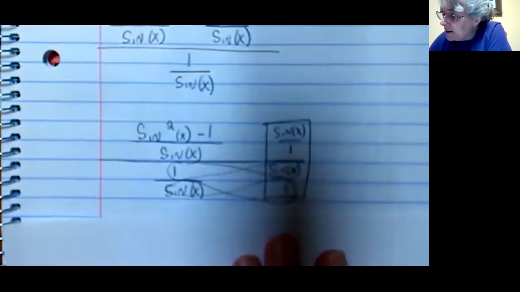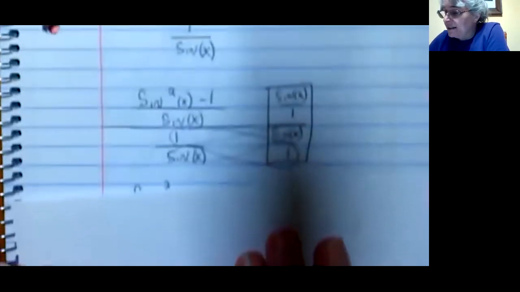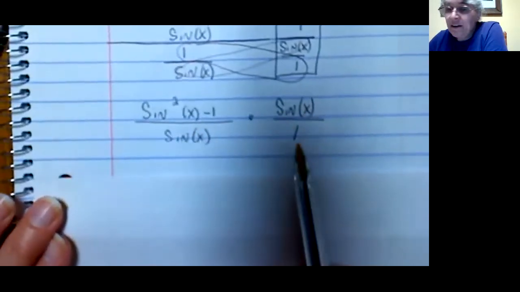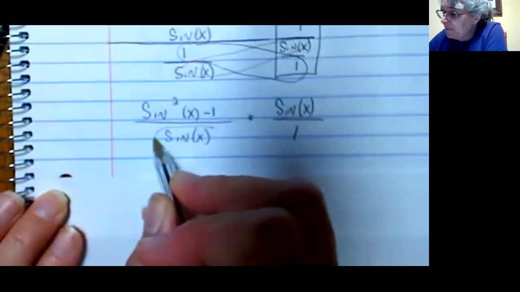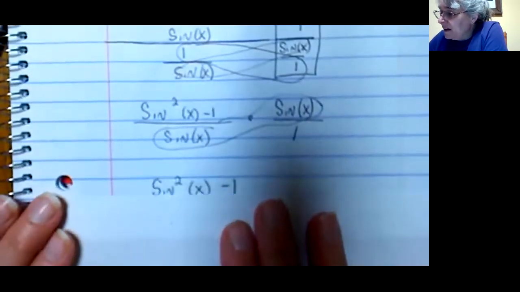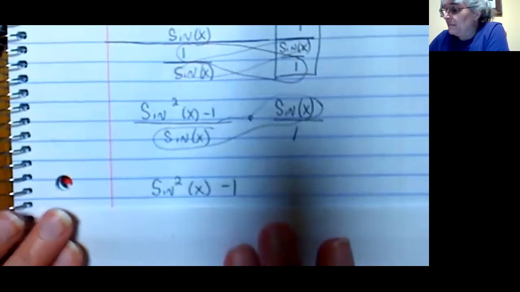That's a 1, that's a 1, and I end up with something that looks like this. Sine squared x minus 1 over sine of x times sine of x over 1. Well, here's a giant 1. Lo and behold, I'm with sine squared x minus 1.